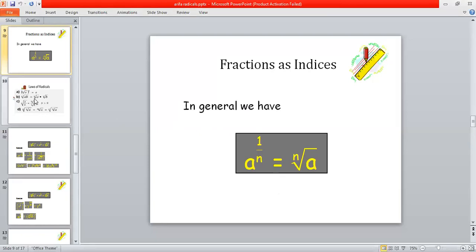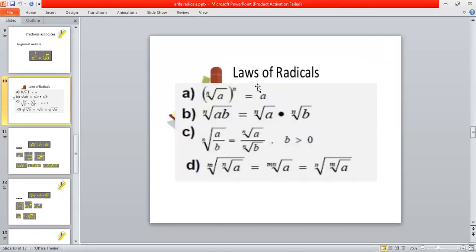Now we discuss the laws of radicals, or you can say properties of radicals. So what is the first law? nth root of a whole to the power n. That is a very important law.